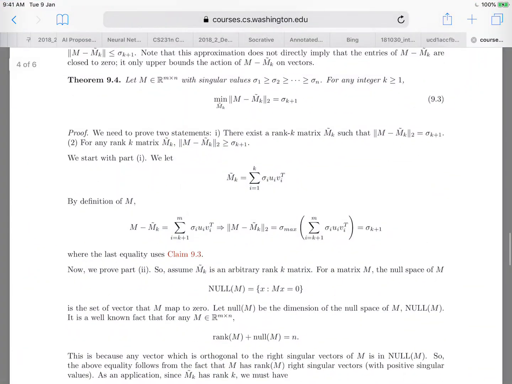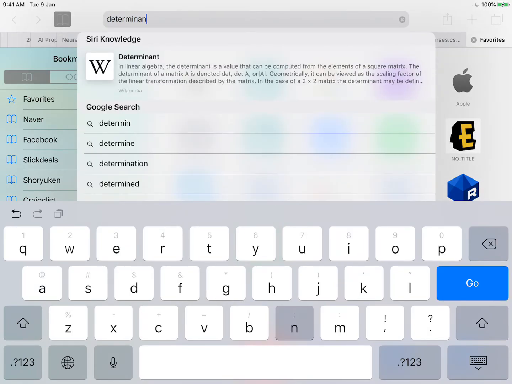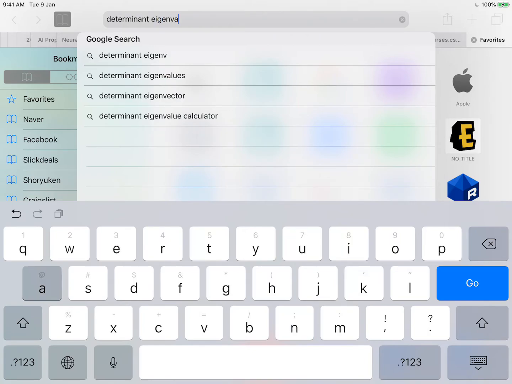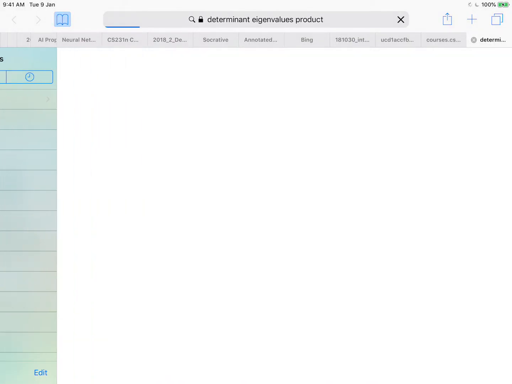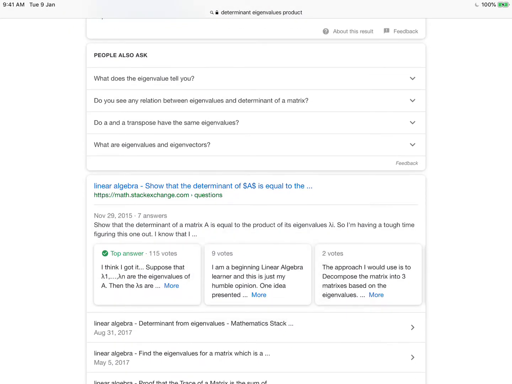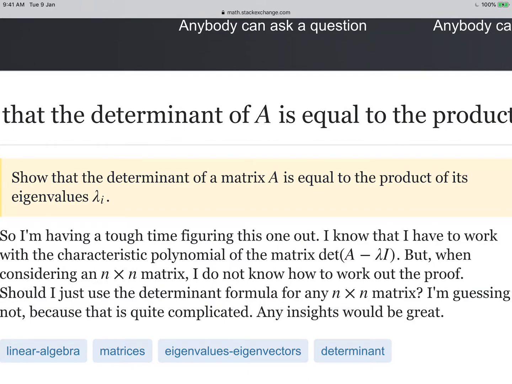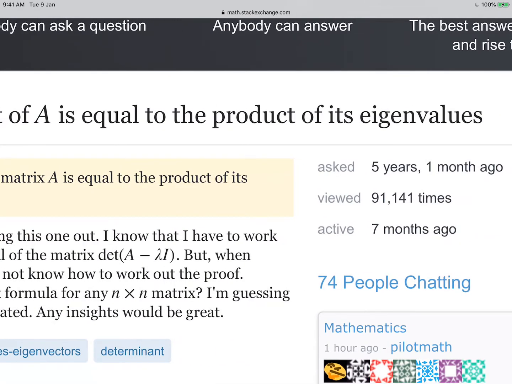So let's first check the formula. Okay, Google is already giving the answer: determinant and the eigenvalues' product. Although it doesn't show the nice formula, the determinant of A is equal to the product of its eigenvalues.